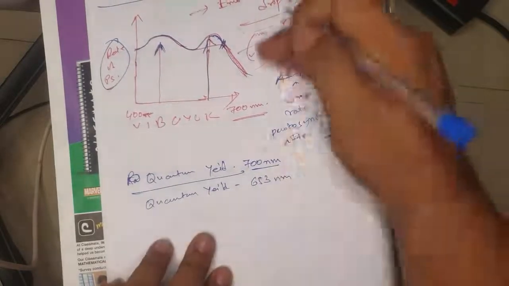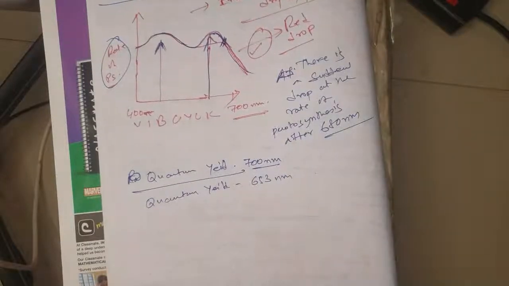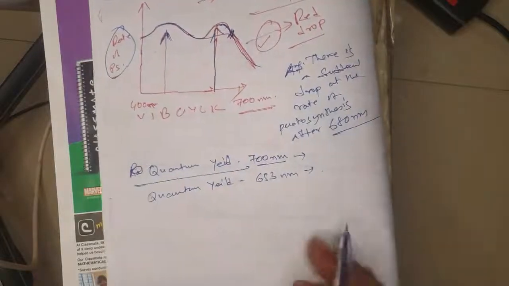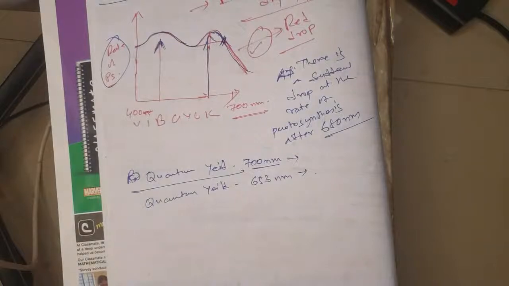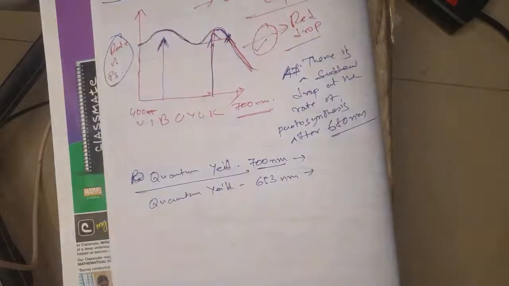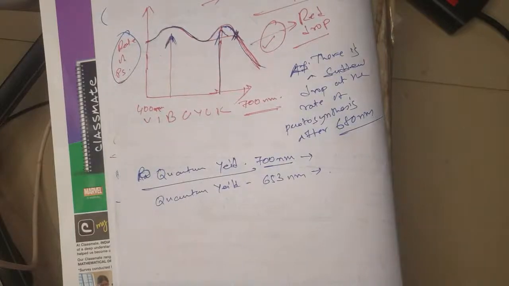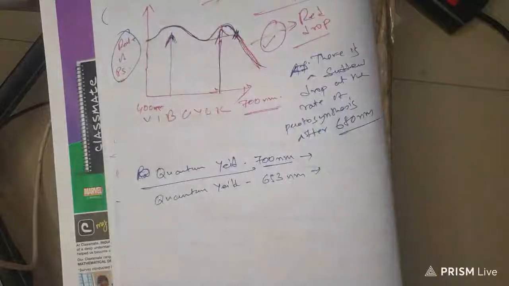Actually, he measured over a big range, 600 to 700. We are talking about just two, but obviously a scientist will not work with just two wavelengths. He worked with all the wavelengths because this drop raised a question in his mind.